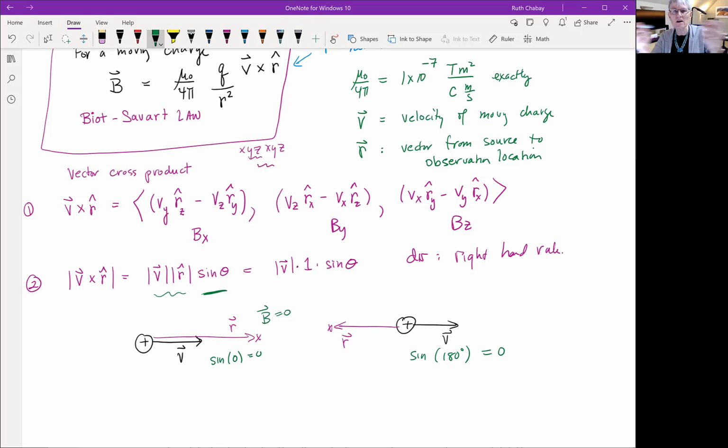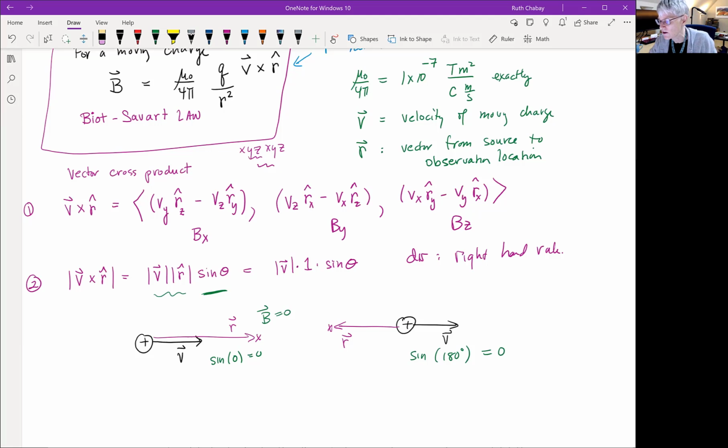So in fact, at any location on the axis, the magnetic field is aligned with V. The magnetic field is going to be 0, and it's going to be maximum when the angle's at 90 degrees, of course, and then it'll change from maximum to 0 as the angle changes.